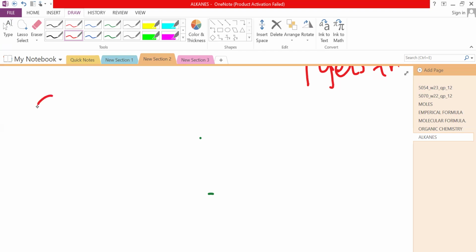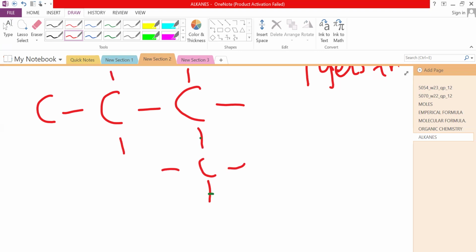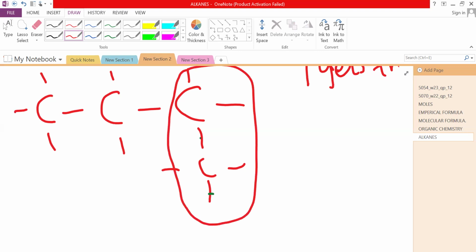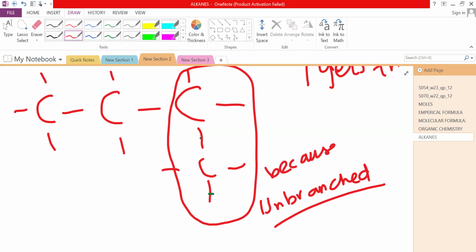Let me give you an example. For example, this is a three carbon alkane, which is propane, and the branch is on the last carbon. This last end of the carbon chain is known as the terminal. When the branch is on the terminal, the structure isn't called a branched structure, it is called an unbranched structure, because of the terminal.